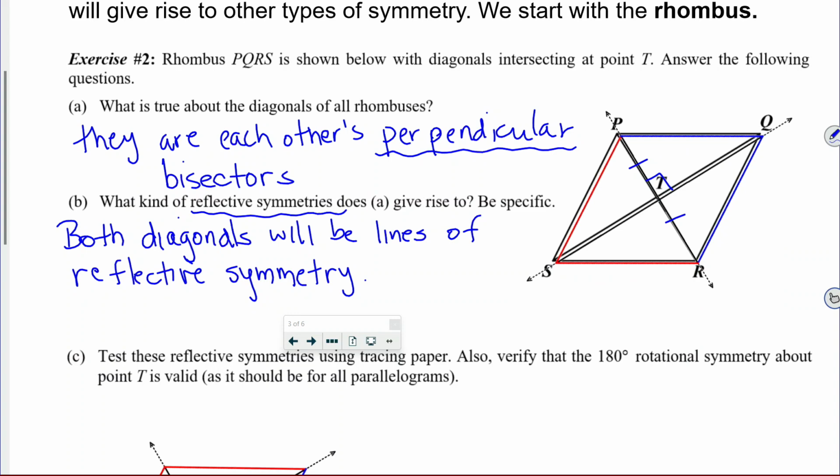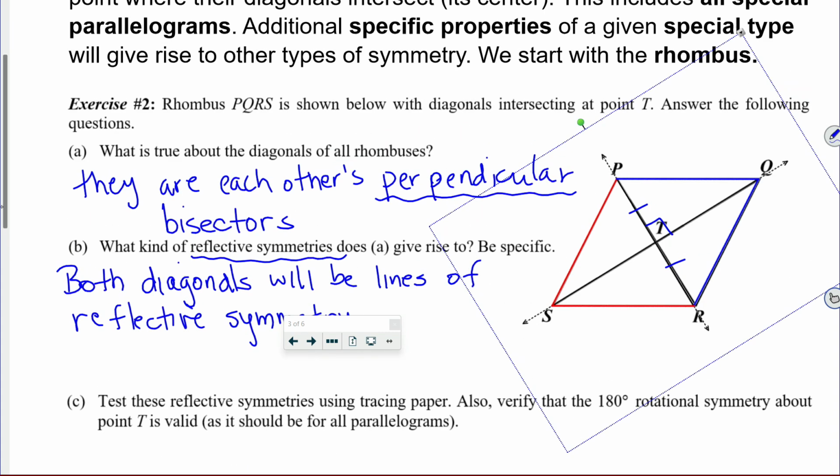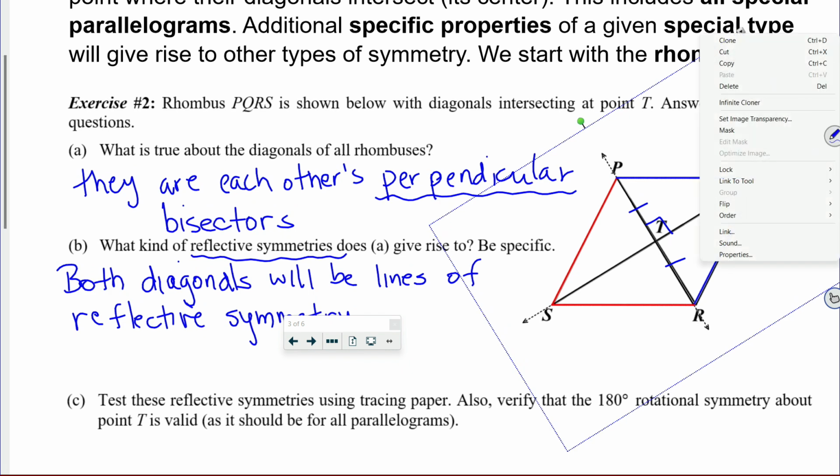If I bring this one up, lay it on top of my figure, and again, you can do this with tracing paper by tracing out the figure and the diagonal and then flipping it, now watch where the red goes versus the blue. If I now flip left, right.